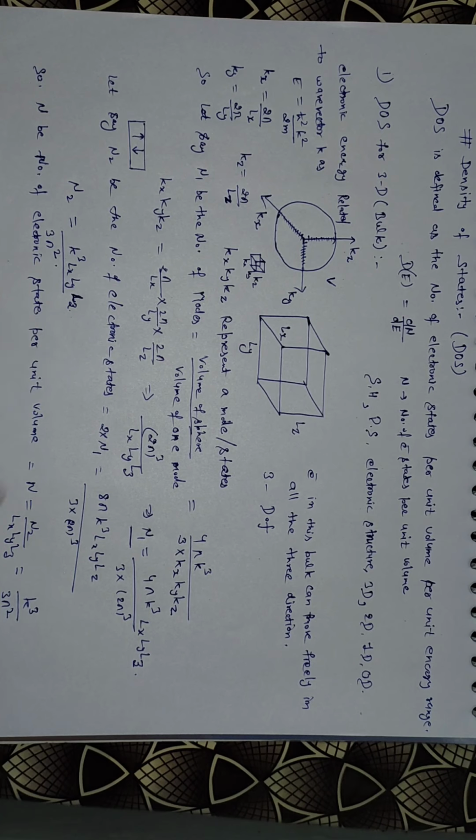After solving this, we get k cube over 3 pi square as the number of electronic states per unit volume. So we get n as k cube over 3 pi square.